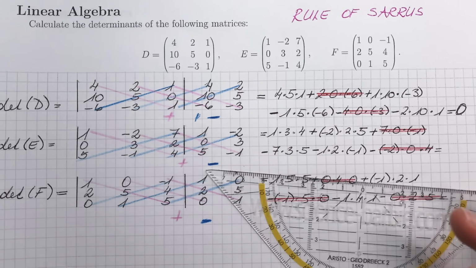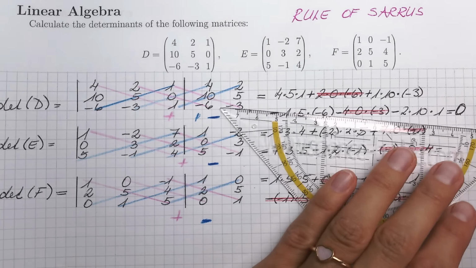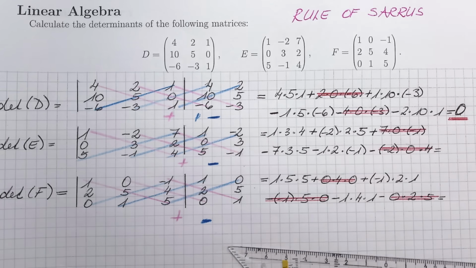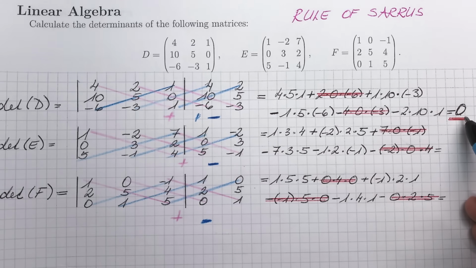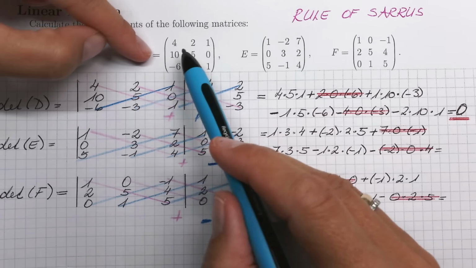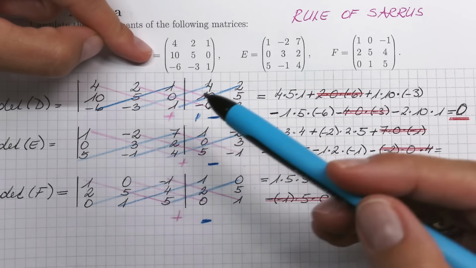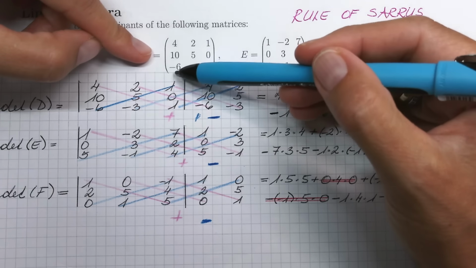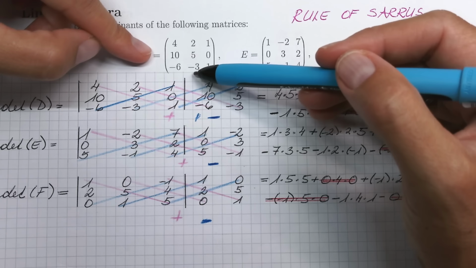Now we're going to have a look at that. Why is that 0? It's 0 because if we look, the determinant of matrix D is 0. This indicates to us that either the columns or the rows are not linearly independent from each other. And if you look here at the second column and the first column, we can see that these two columns are linearly dependent from each other.